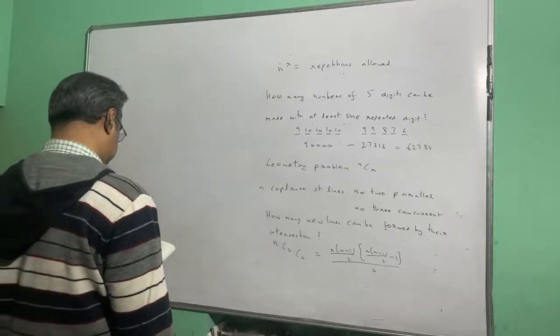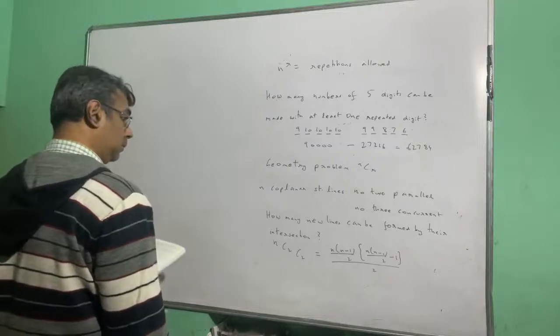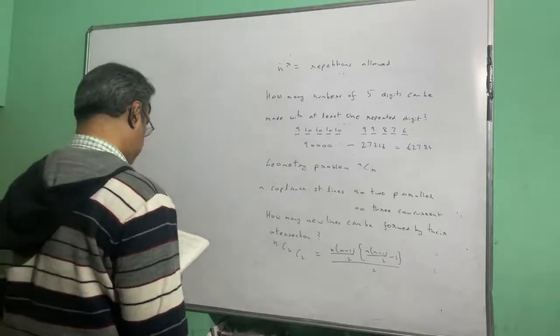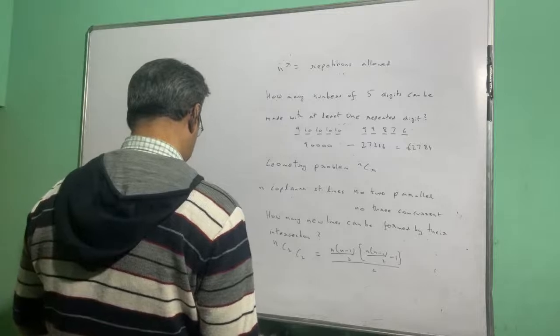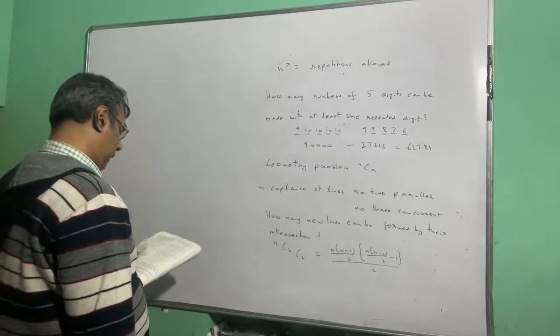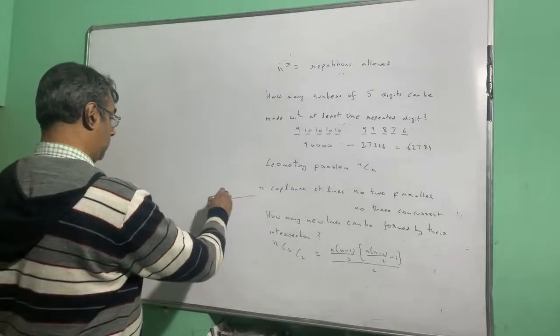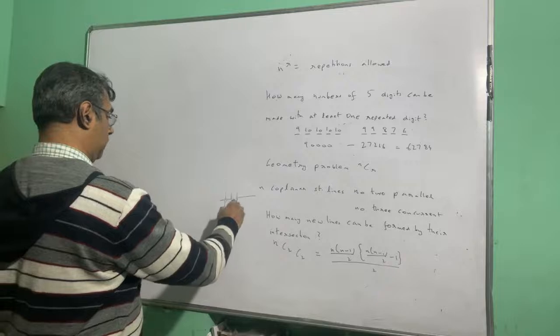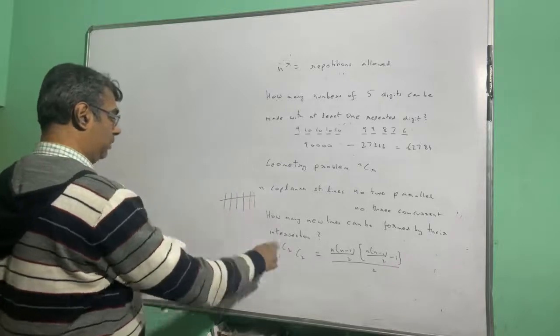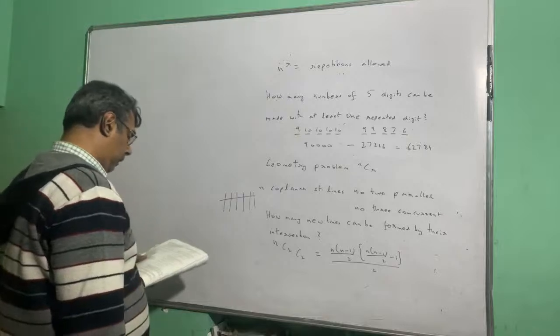Now the problem is that when you consider one line, it will intersect every one of the other n minus 1 lines, right?